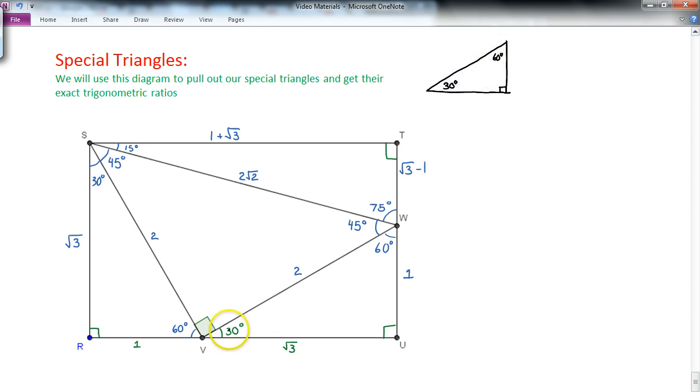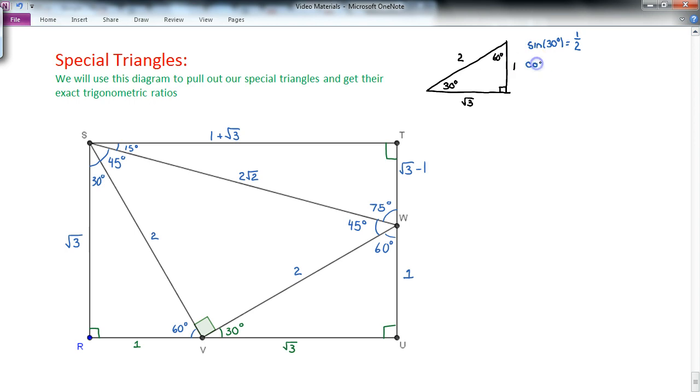So in this case, opposite of the 30 is 1, adjacent to the 30 is root 3, and the hypotenuse is 2. Now, in a number of my other videos, what I've said is that it's important to memorize sine of 30 is 1/2, and you can see that in this diagram. So sine of 30 degrees is 1/2.